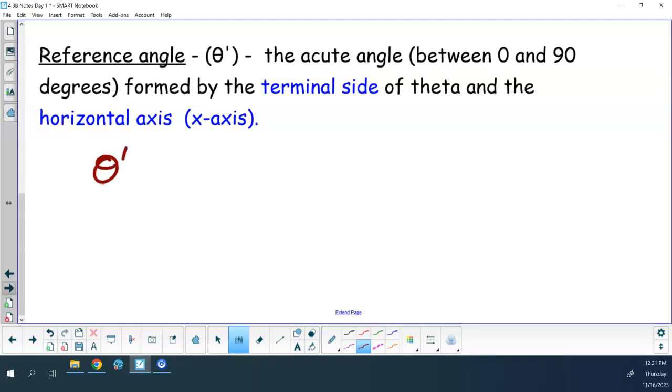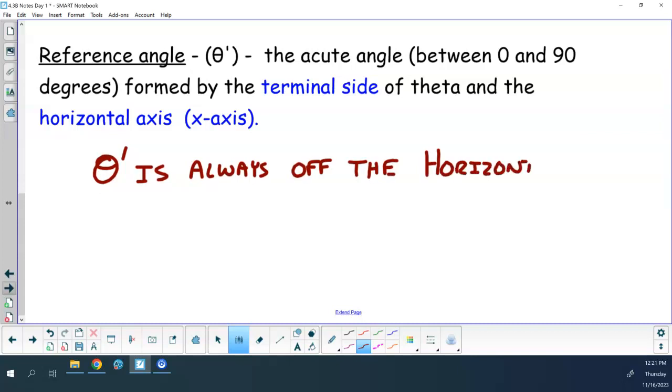prime is always off of the horizontal. Theta prime always has one of its sides as the horizontal x-axis.